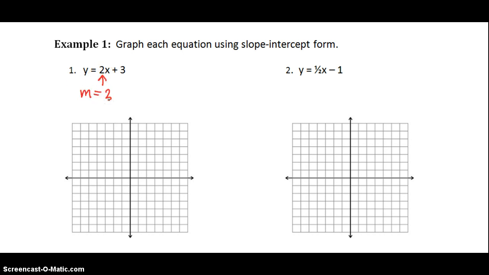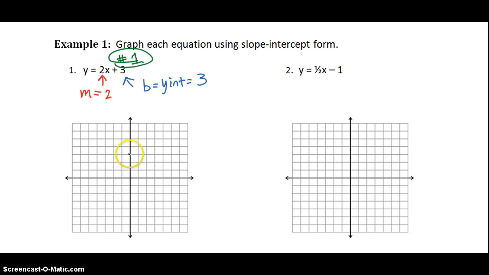m is 2, and that almost looks like a 3. m is 2, and my y-intercept, b, where it catches the y-axis, is 3. So to graph this line, the first thing I'm going to do, this is your first move, move number 1, is to go to your y-intercept.